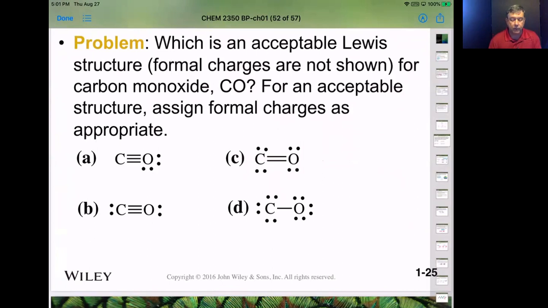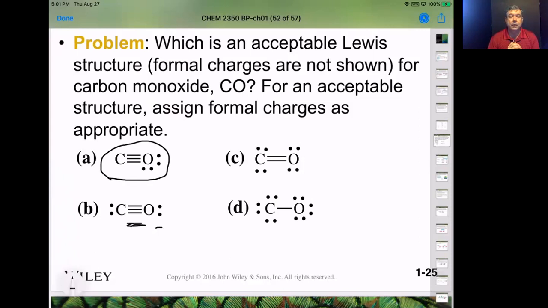If we look for a reasonable Lewis dot structure here, we know carbon likes to bond 4 times, but it needs a total of 8 electrons around it. Oxygen usually bonds 2 times and has lone pairs around it. So let's look at this one and figure out whether it is an appropriate Lewis dot structure.